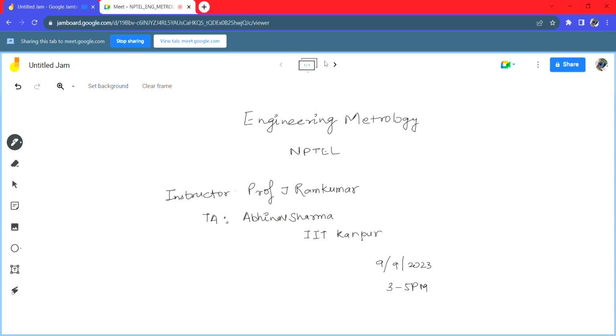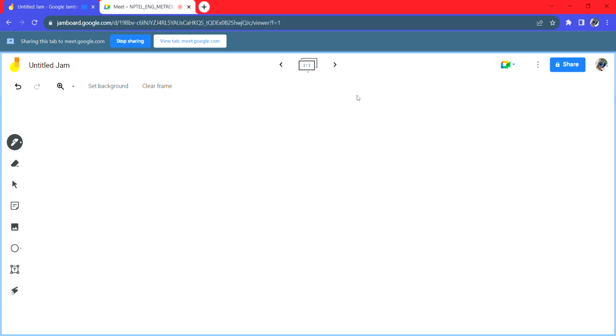So in the previous sections and in the previous lectures, we have dealt in detail with the concept of transducers and the physics behind the transducers, and how the mechanical measurements were converted into electrical measurements, and how a transducer converts a physical variable into electrical signals.